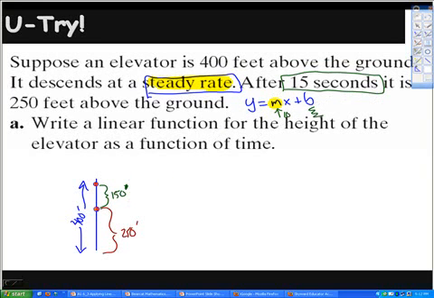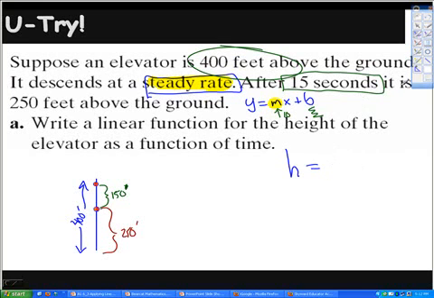This b value is just my starting value. It's going to be my 400 feet. So my equation, my linear function, to model the height is h is equal to 10 times t, my number of seconds, plus 400. Actually, no, it's going down. Let's get this right. We want to make sure that that rate's going down.